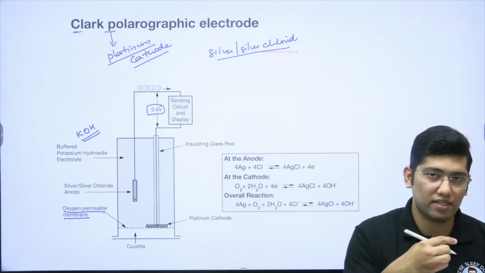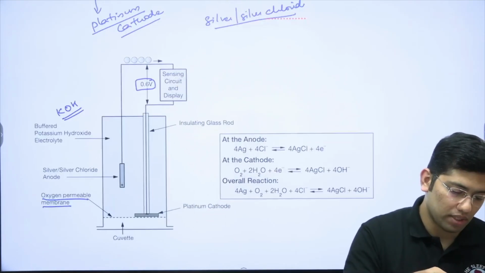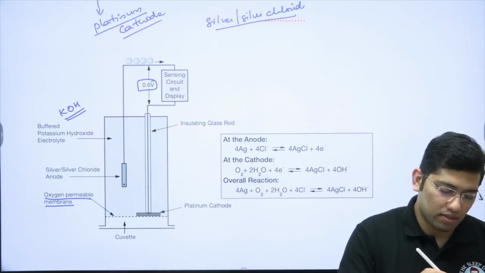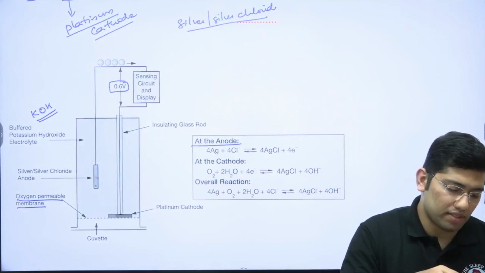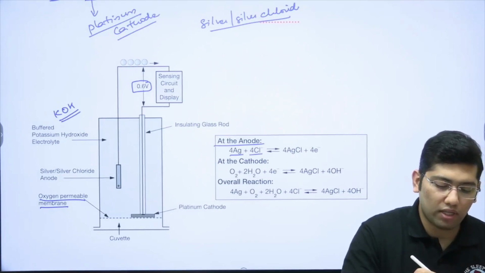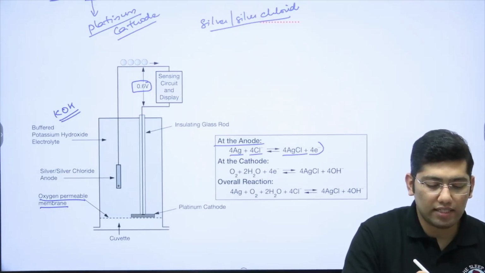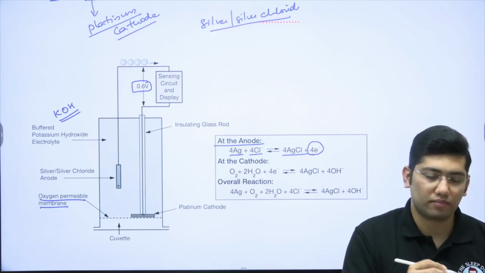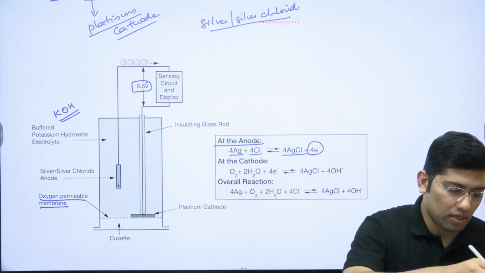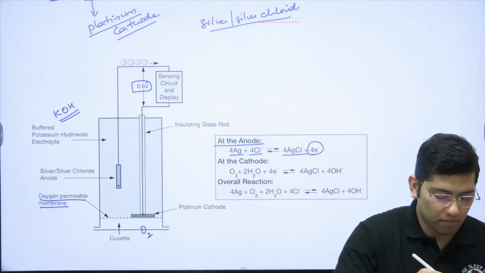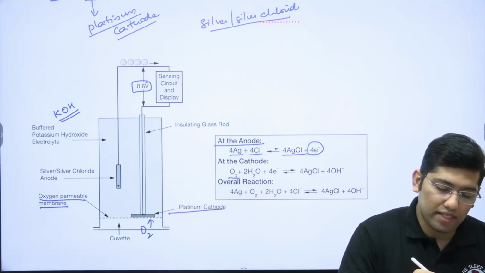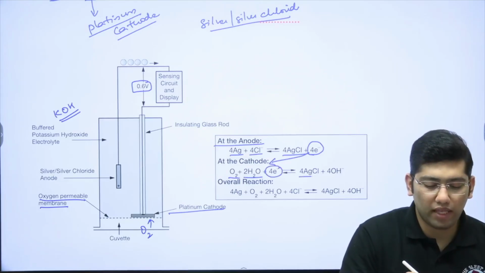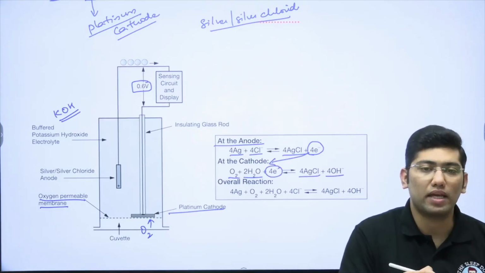Now we'll see the reactions to understand it better. When oxygen first reaches the anode, a reaction happens, that is silver with chloride forms AgCl releasing 4 electrons. Now when oxygen crosses the oxygen permeable membrane and reaches the platinum cathode, oxygen combines with water and uses these 4 electrons to form OH minus.